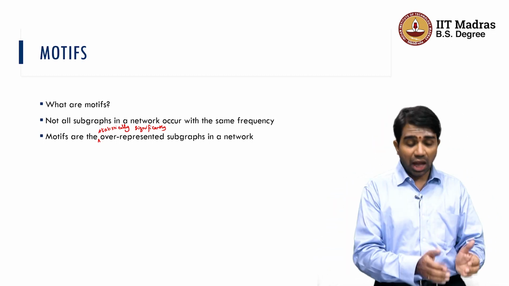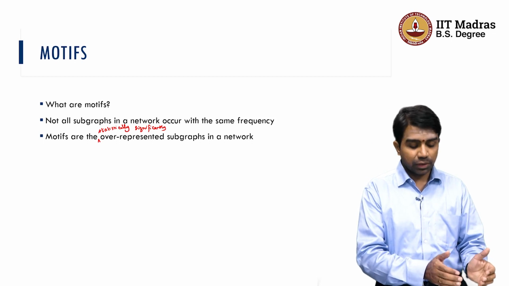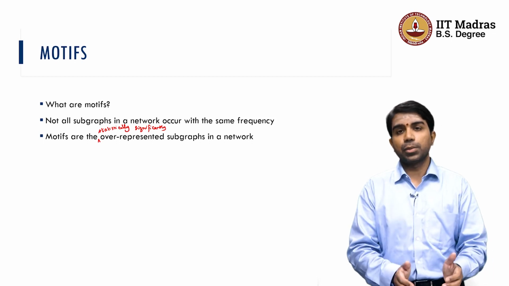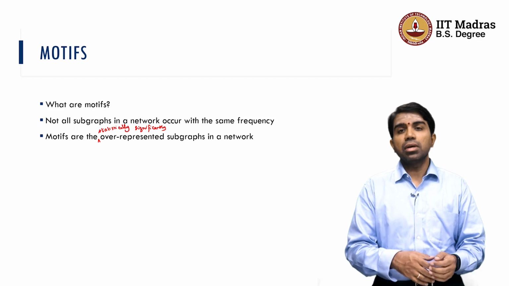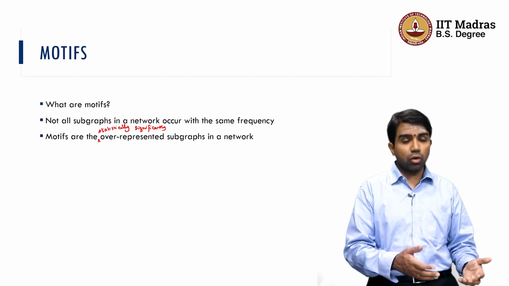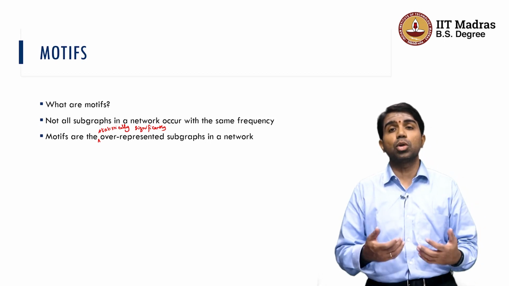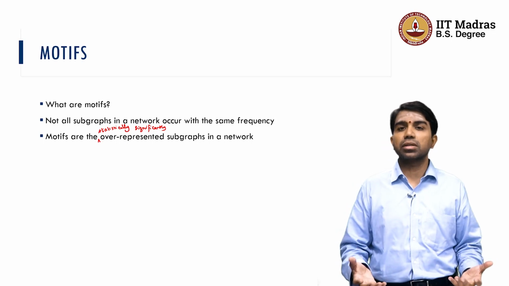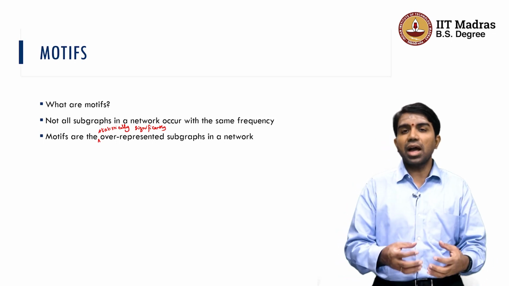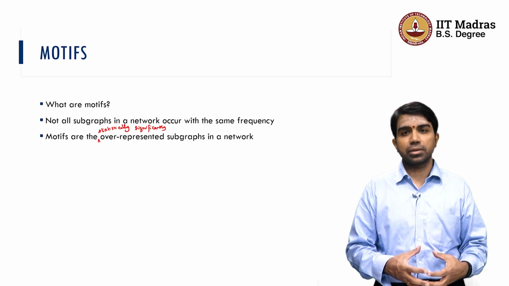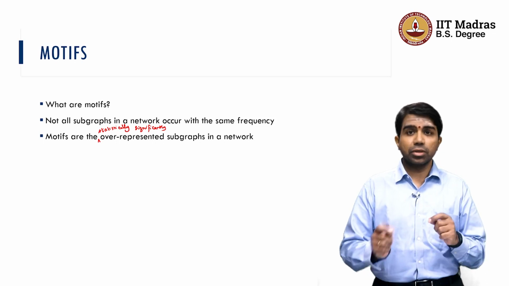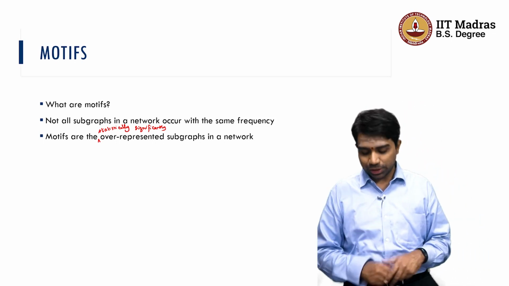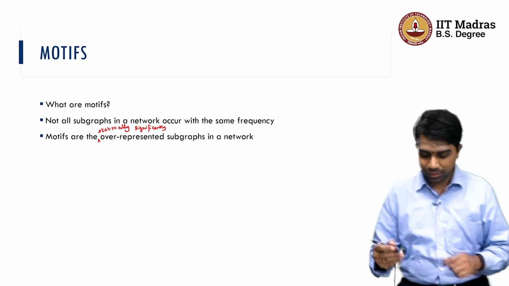So now I want to compute motifs in a network, right? And I have to say that there are some motifs that are statistically significantly overrepresented. With respect to what? What can I compare this network with? So this brings us to a very interesting question.